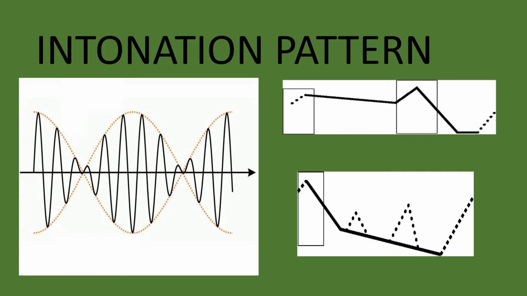Basically, we have two patterns of intonation, but these two patterns of intonation give rise to other patterns. Basically, we have just the falling tune and the rising tune, or the falling tone and the rising tone.